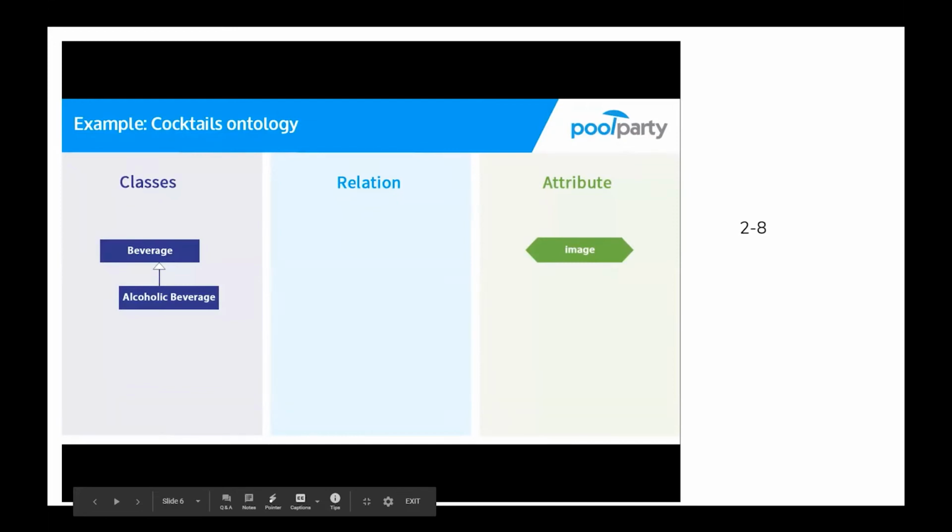Since alcoholic beverage is a subclass of beverage, all members of the class alcoholic beverage would also be allowed to have the attribute image. Now we can go ahead and specify an attribute for alcoholic beverage that is called % alcohol per volume. This attribute will only be available for concepts of the class alcoholic beverage.